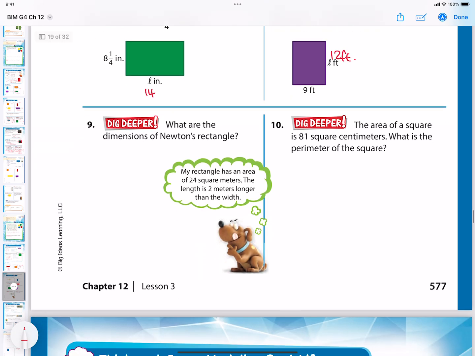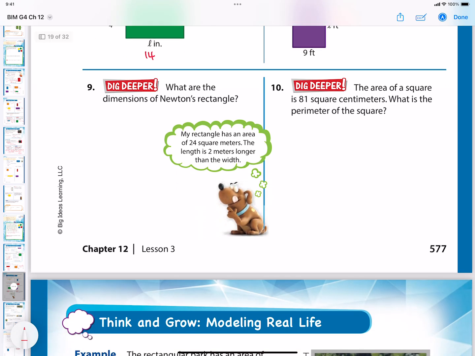Number 9: what are the dimensions of Newton's rectangle? My rectangle has an area of 24 square meters. The length is 2 meters longer than the width. This type of question I'm going to do with you, because maybe some of you are not understanding it.